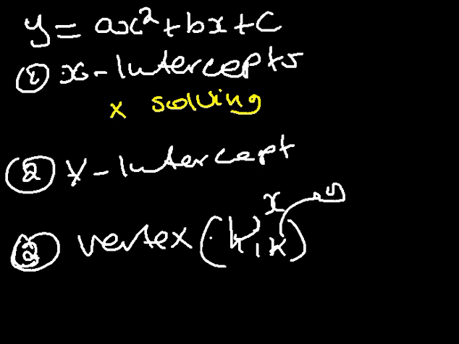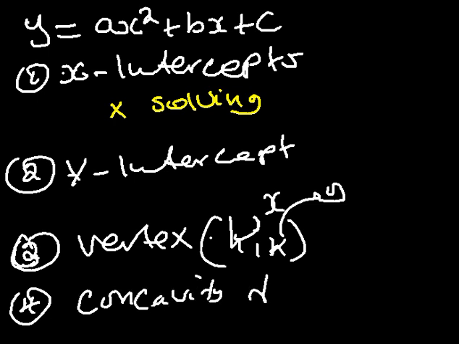And we should also need to have the concept of concavity determinants. What is the concavity determinant? It is a value that determines whether the graph will be concave downwards or upwards.